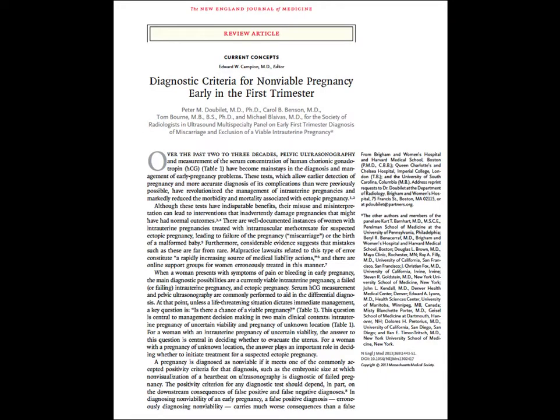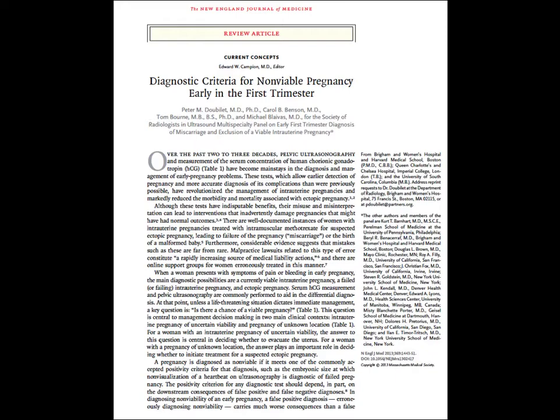Now, the criteria that I just gave you on the last slide, you can find in any textbook on radiology, ultrasound, obstetrics. But that being said, there are some who are concerned that this criteria is too strict and is going to lead to termination of viable early intrauterine pregnancies. There was a review article that discussed this in the New England Journal of Medicine back in 2013, and I would highly recommend that you read this article.